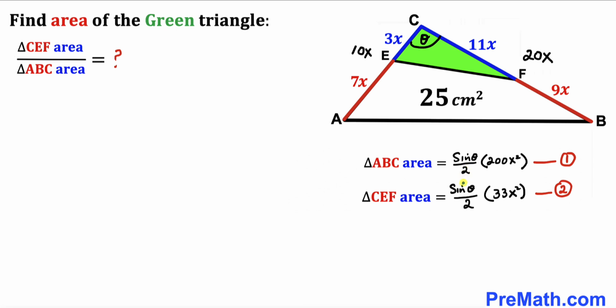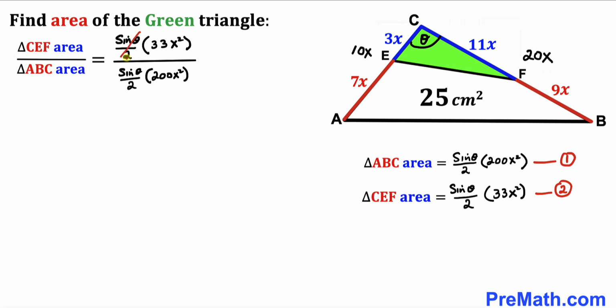The area of triangle CEF from equation 2 is sine of theta divided by 2 times 33x², divided by the area of triangle ABC from equation 1, which is sine of theta divided by 2 times 200x².